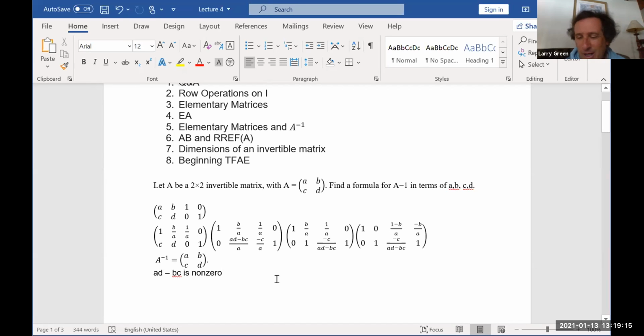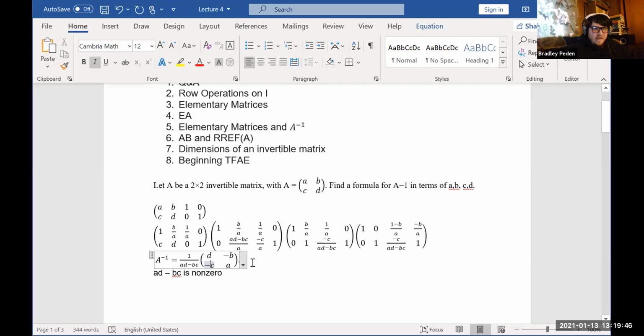In fact, if you want, here's the true inverse. 1 over AD minus BC times D, negative B, negative C, A. Which is transpose, right?